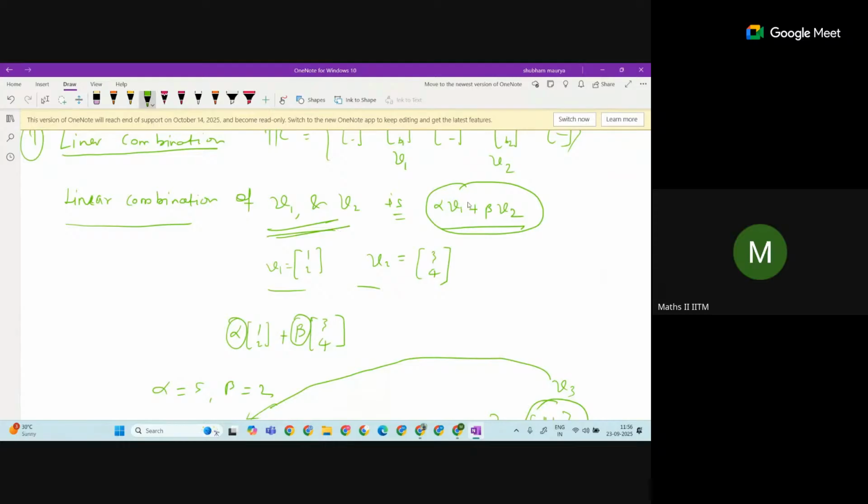This operation and its output, v3, is a linear combination of v1 and v2. This is the meaning of linear combination.